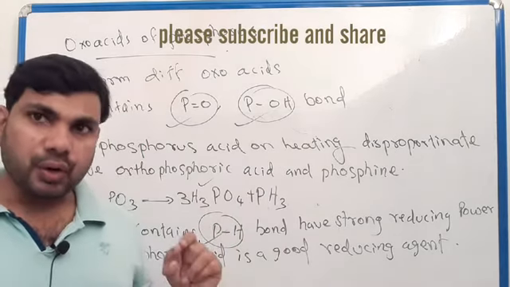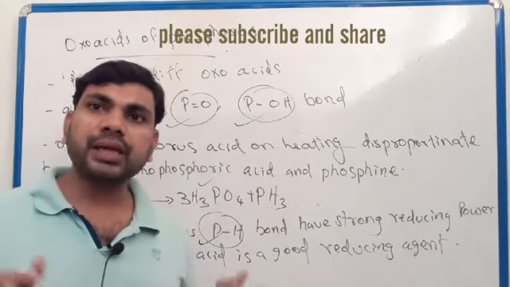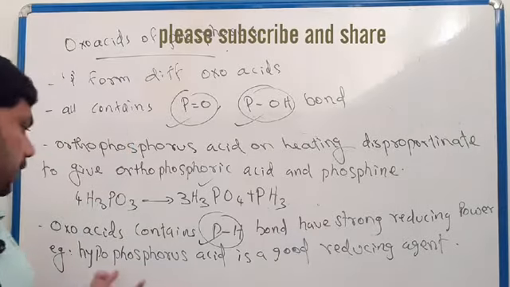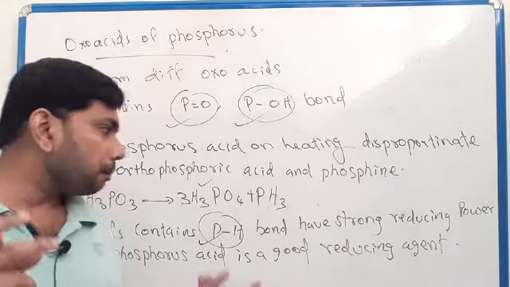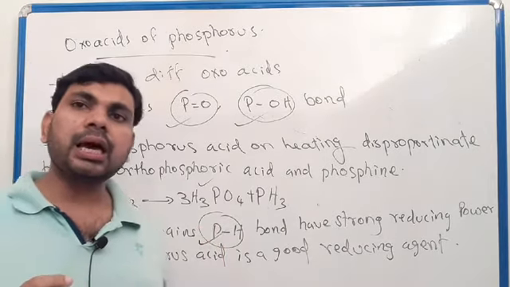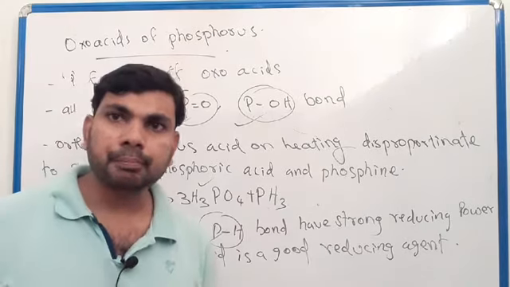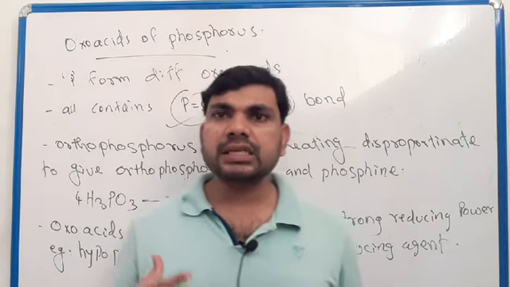Oxo acids which contain phosphorus single bond hydrogen have strong reducing power. An example is hypophosphorus acid, which contains 2 phosphorus single bond hydrogen and has the highest reducing power.